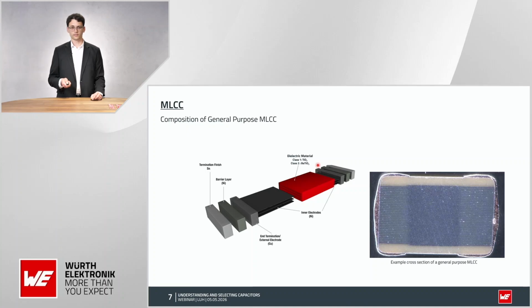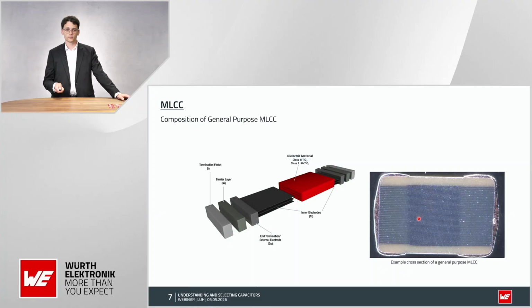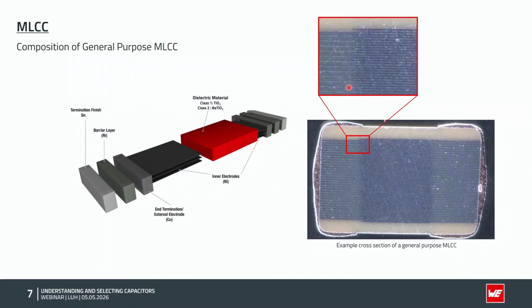And what you can see here on the right-hand side is a cross-section of a general purpose MLCC. And you see here there's a big black part, and you can see that these are the different layers of the capacitor. The distance between these layers is very narrow, so therefore it helps us to achieve high capacitance for these products.